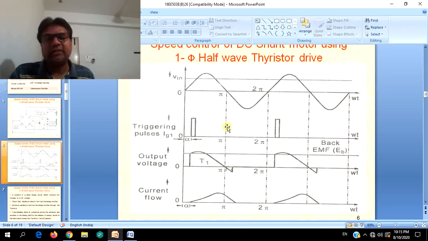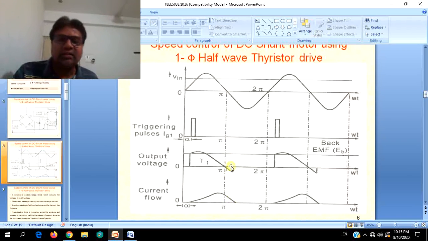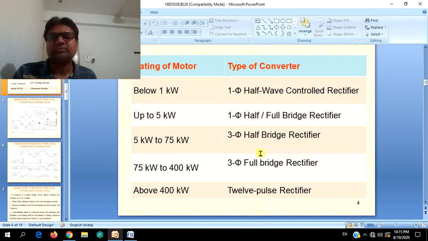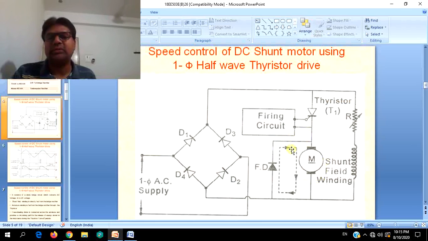So the SCR will be reverse biased at pi itself, and once the current becomes less than the holding current, the SCR turns off. During the negative half cycle, no triggering pulse will be given to the SCR, so no current will flow through the armature. So this is only a half wave thyristor drive.